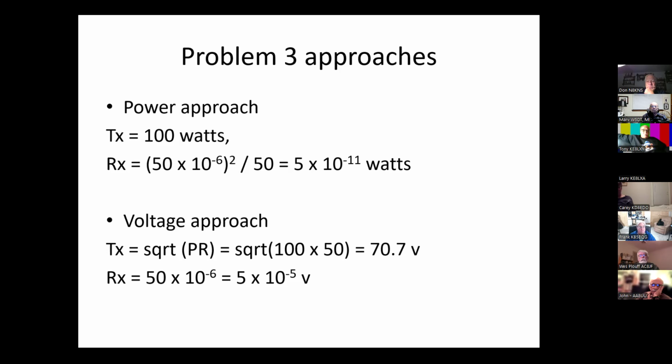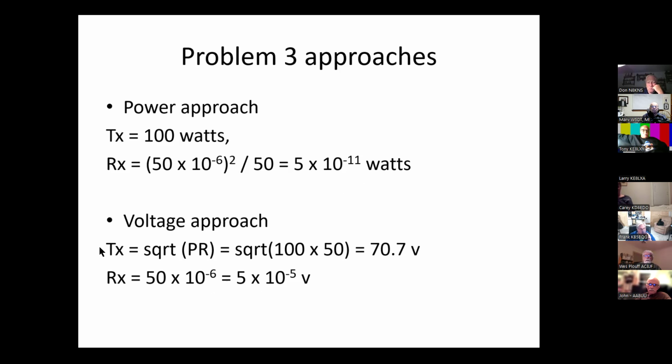If you decide to do things by power, then the transmitter is 100 watts. 50 microvolts into 50 ohms, power is equal to V squared over R. So it's 50 times 10 to the minus 6, that number squared, divided by 50. So you get 5 times 10 to the minus 11 watts. The voltage approach is 100 watts.